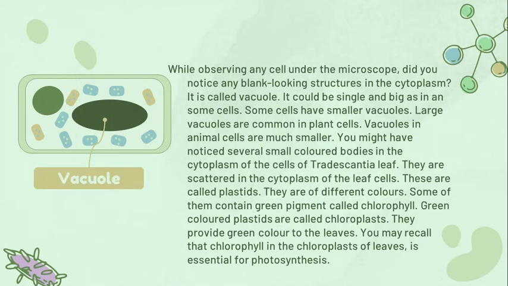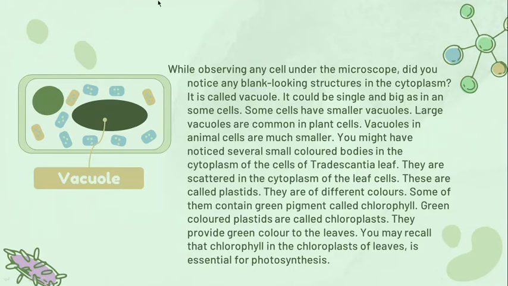Next, let's learn about the vacuole. What is a vacuole? While observing any cell under a microscope, did you notice any blank-looking structure in the cytoplasm? Here we can see the nucleus. I've told you that the nucleus is the central controller of the cell, but here it is actually not in the center, it's in the corner.